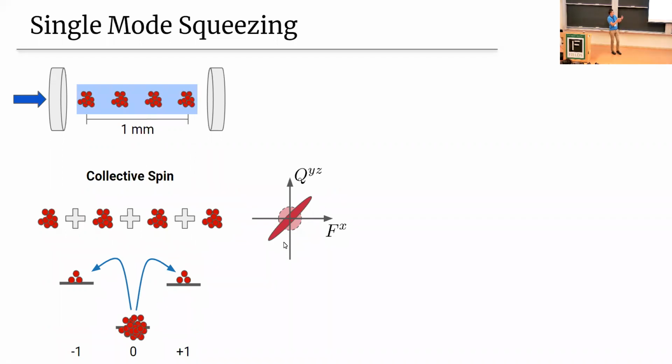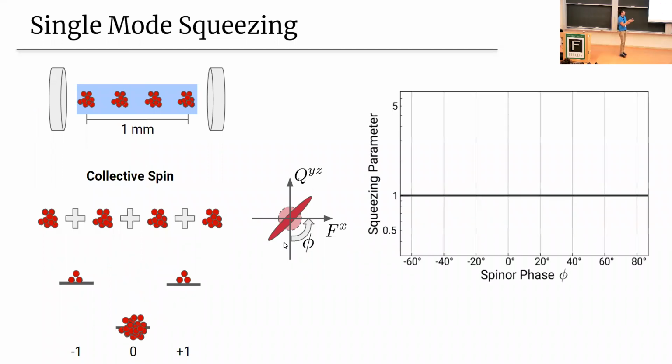And so now when we drive it, we get this squeezed distribution. The way to measure it is to always measure the fluctuations in fx while we rotate the state via the quadratic Zeeman shift. If we do this for many repetitions, for an unsqueezed state you would expect that it doesn't depend on this rotation angle and always gives you the same value, which we normalized here to 1.